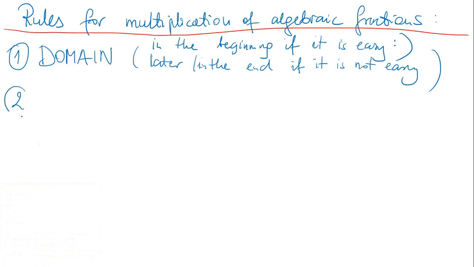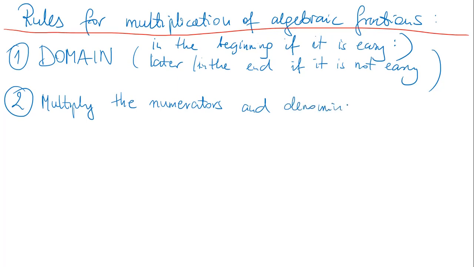Then the second rule, let's say we multiply. So if we have the domain, then we multiply the top numbers, so we call them numerators. So multiply the numerators and denominators, and write them as one fraction.